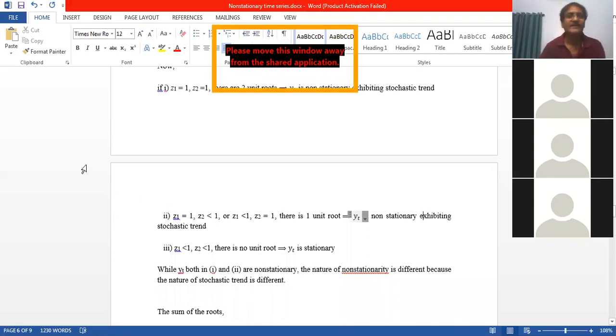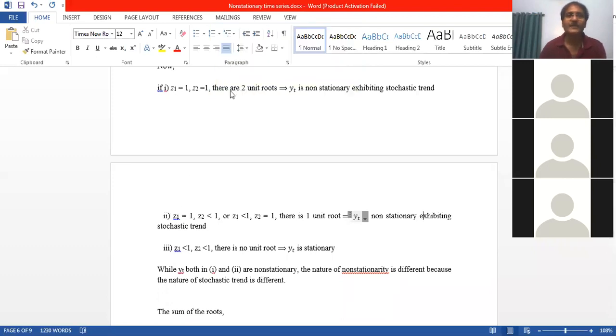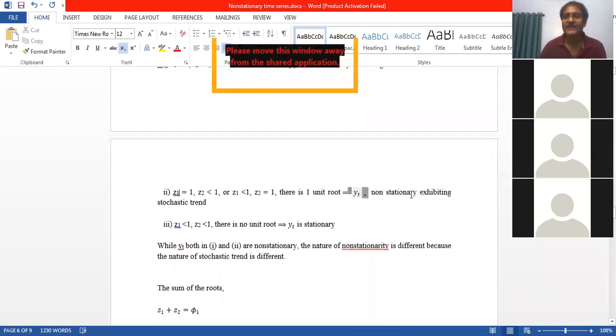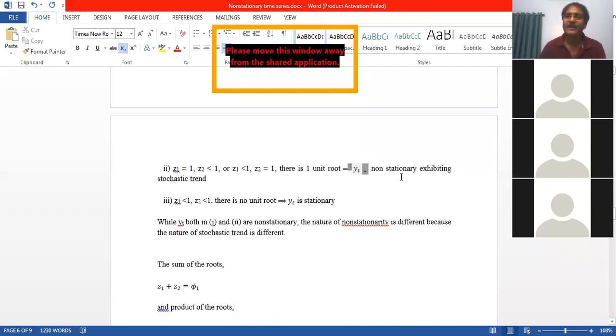Why? Because in case 1, you have 2 unit roots. In case 2, you have 1 unit root. So in case 1, YT exhibits stochastic trend where there are 2 unit roots in the series. While in case 2, the series exhibits stochastic trend containing only 1 unit root.